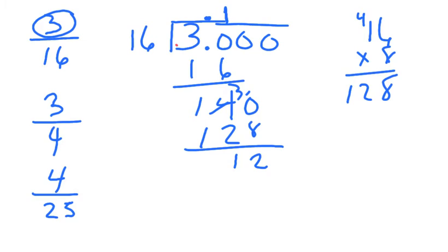Okay, so that was 8. Bring your 0 down. 16 goes 8 times into 128. It must go 7 times into 120. 16 times 7. 7 times 6 is 42. 7 times 1 is 7, plus 4 is 11. 112.